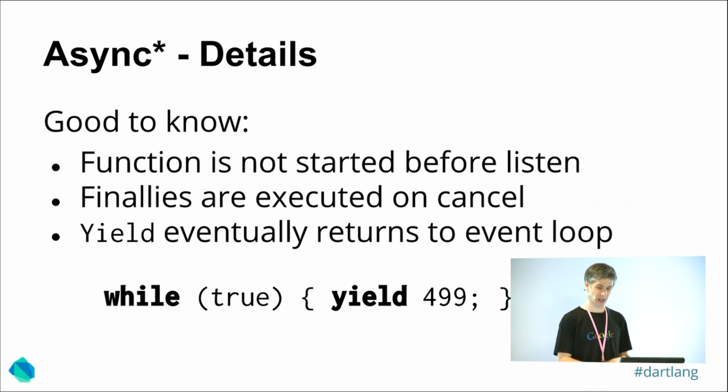The other one is to say at every yield, we give somebody the chance to react to it. Or the third one, which is the one that we have in Dart, is to say, yes, you can push it in, but eventually we know that it will yield. It can be immediately, it can take some time, so it can buffer for some time for efficiency, but eventually you will yield. So basically what that means, you are allowed to write while true of a yield, and it will work.